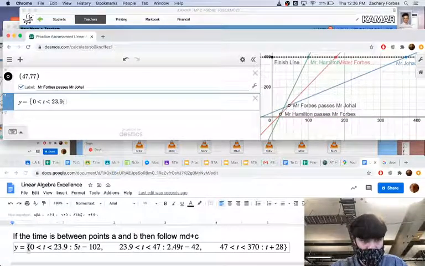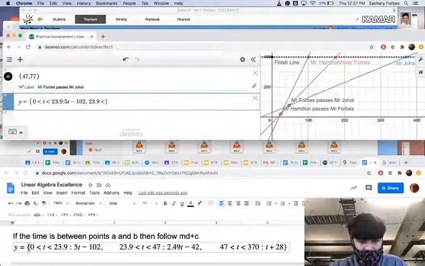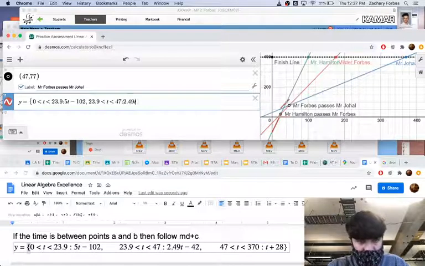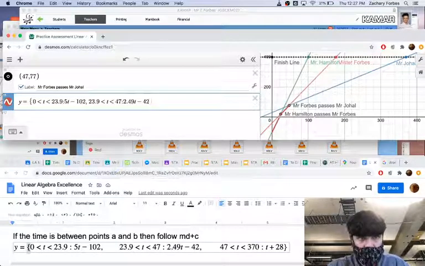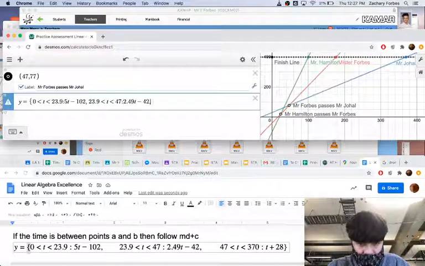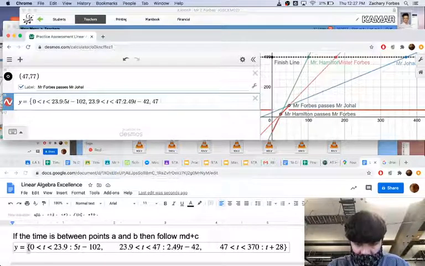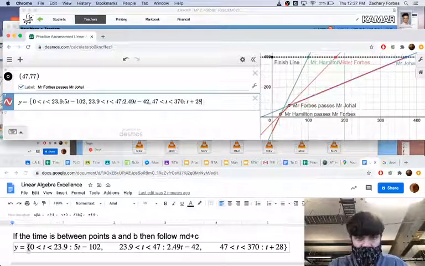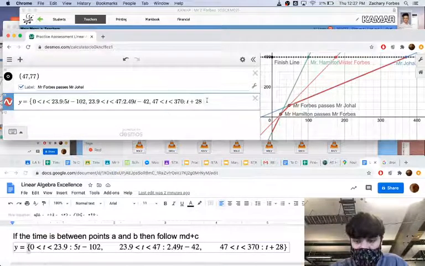I want the drone to go at 5t minus 102, comma, from 23.9 up until 47, I want the drone to follow 2.49t minus 42. And finally, from 47 up until 370, I want the drone to follow this line, t plus 28. So now I've got my drone all set up.